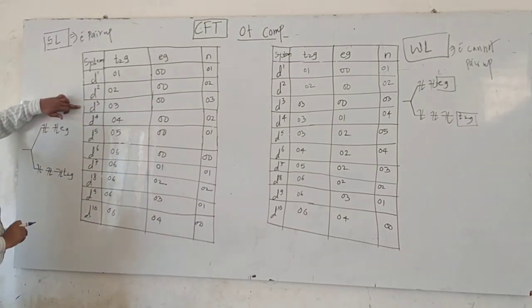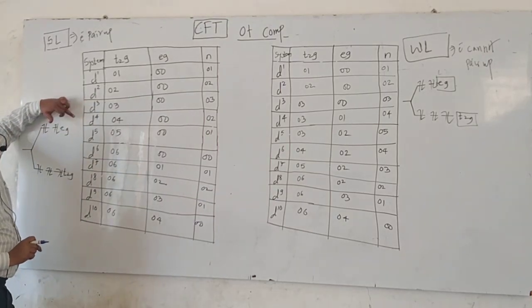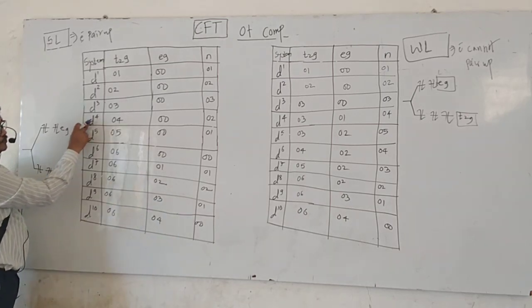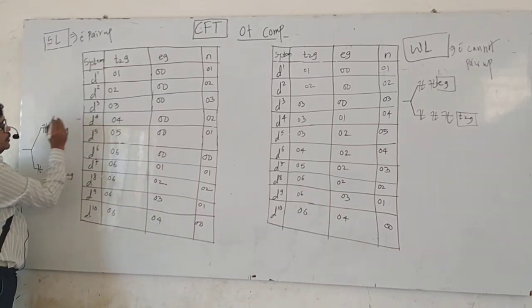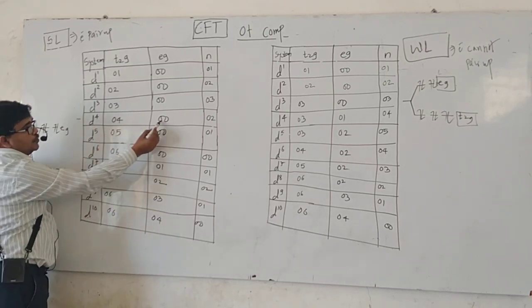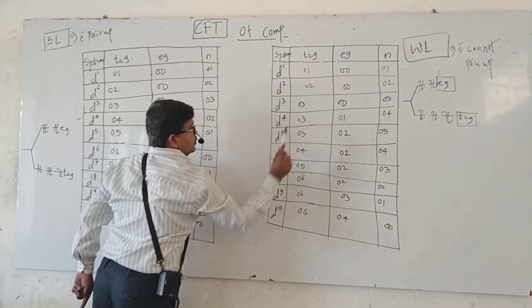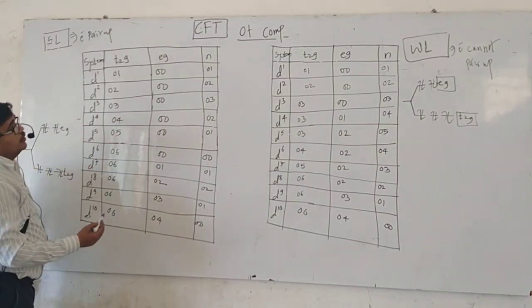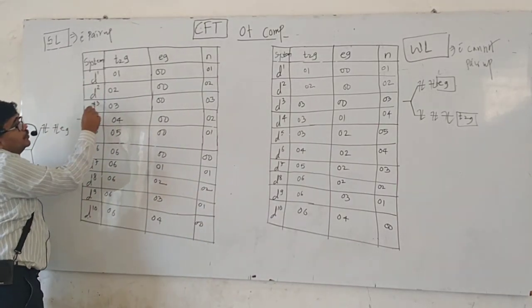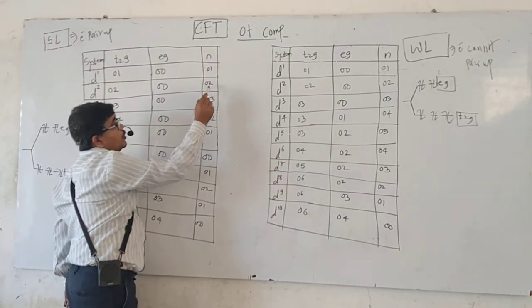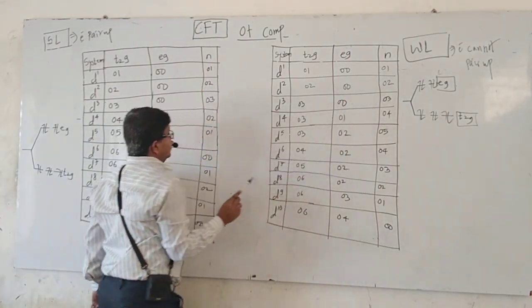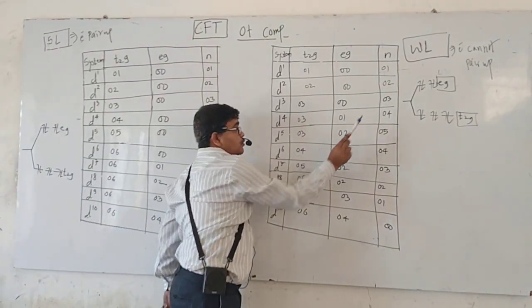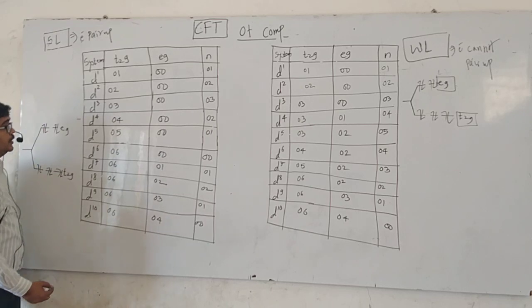For d3, again it is the same. For d4, there is a difference. See, in case of d4, 4 and 0, and here 3 and 1. In case of d1 to d3, the number of unpaired electrons is also the same: 1, 2, 3, 1, 2, 3. Here, number of unpaired electrons 2. Here, number of unpaired electrons 4. So for d4, it is different.